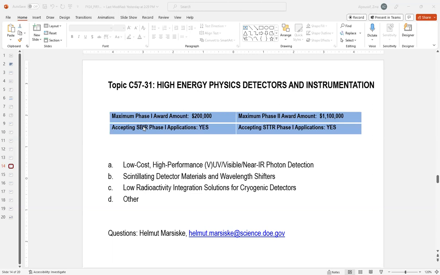Moving on to subtopic B, scintillating detector materials. These are used in our calorimeter applications, in particular at accelerator experiments.